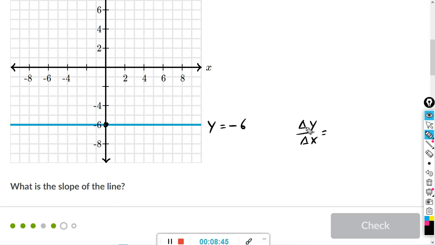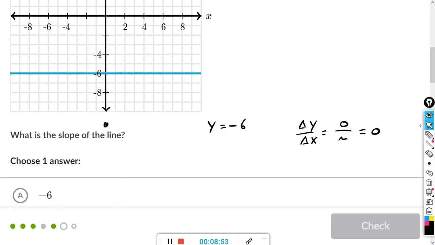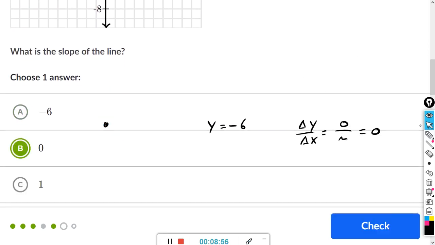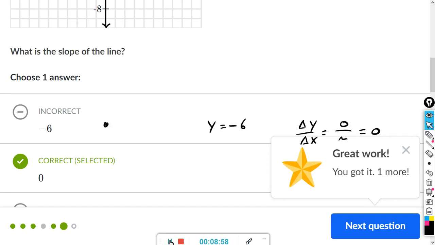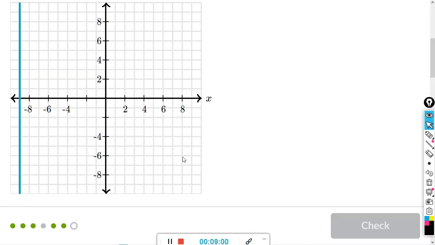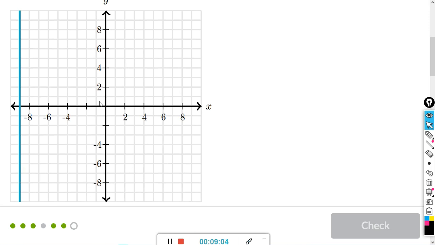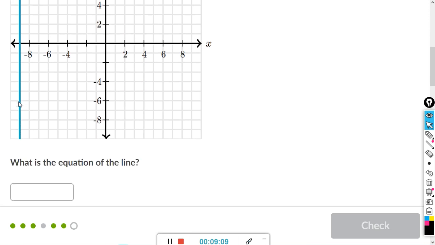Y equals -6, so the change in y is just 0. 0 over some number is just 0. Answer B. All right, last one. What is the equation of the line? Here's the x-axis. It goes right through x equals -9. So type x equals -9.